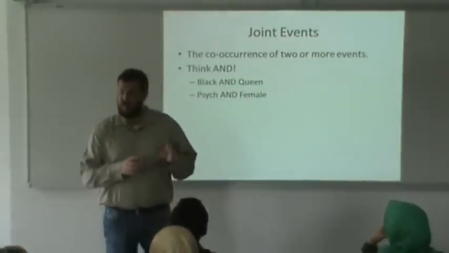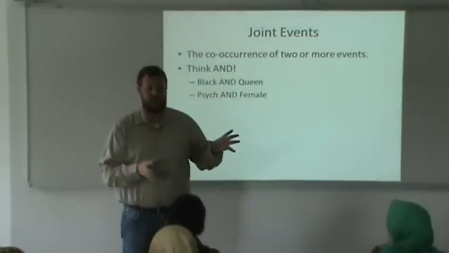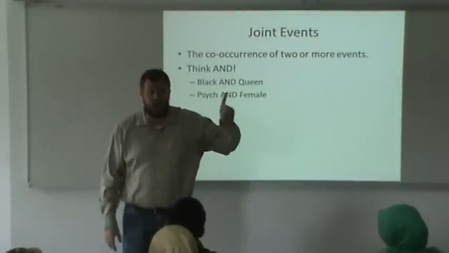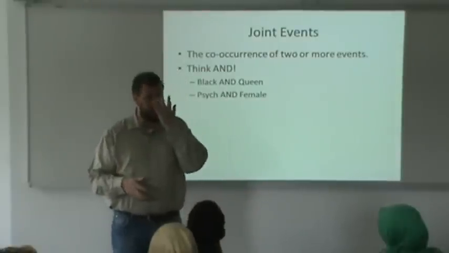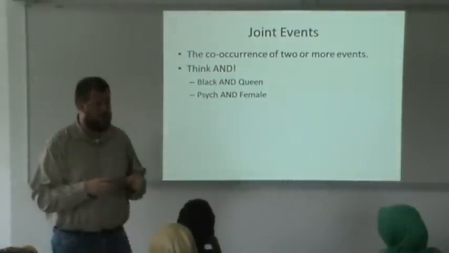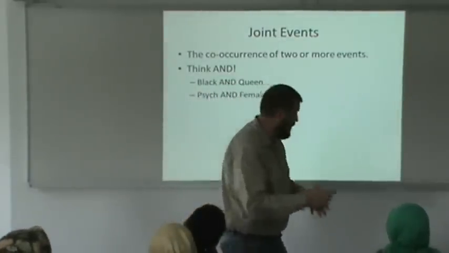If we consider the colors and the pieces, we have 32 different ones. There's only one black queen out of those 32 pieces that you use to play the chessboard. So the probability of you observing black and queen is 1/32.